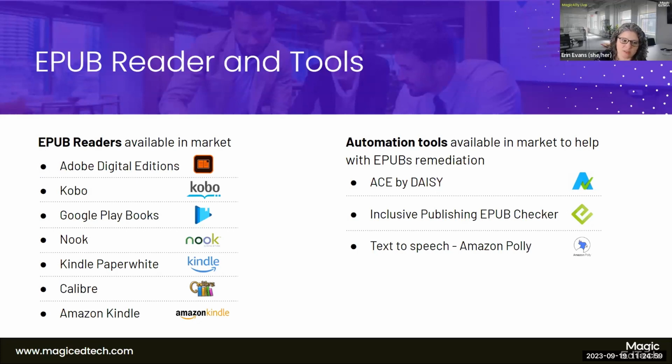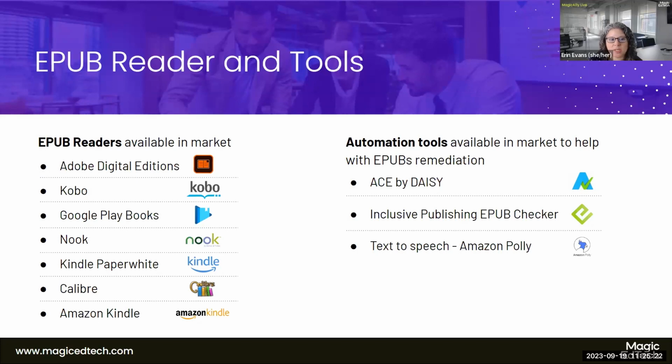The different apps there. Kindle Paperwhite. Digital Editions by Adobe, Calibre, Google Play Books. So you come across those ePub readers more often without even necessarily thinking, oh, I'm reading an ePub. You're just like, hey, I'm reading my book.